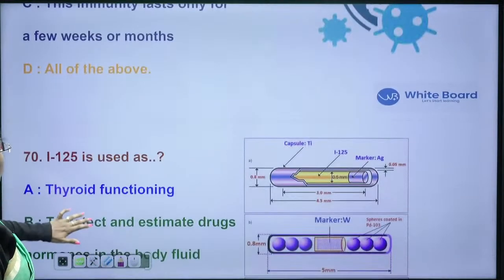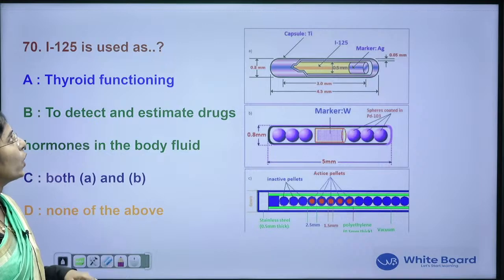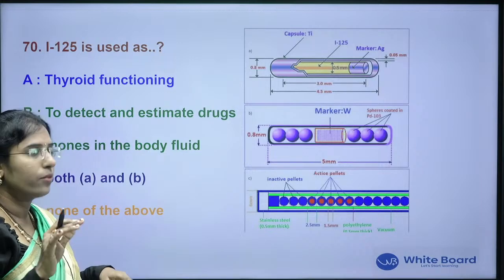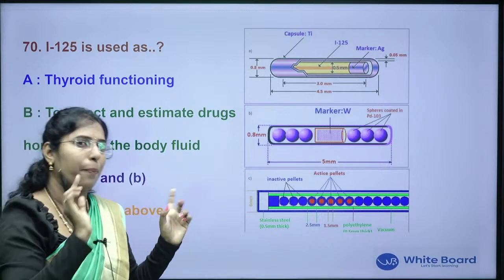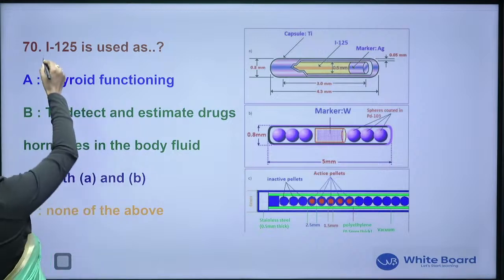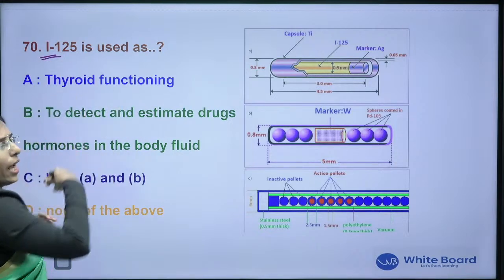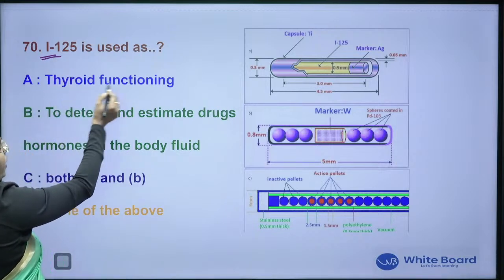Coming to the next question, iodine 125 is used as, so it is a radioisotope. Iodine 125 is a radioisotopic drug. It is used in both diagnosis as well as therapy. Especially iodine, by seeing the iodine itself, you can tell that it belongs to thyroid function only. So the first one is thyroid functioning.